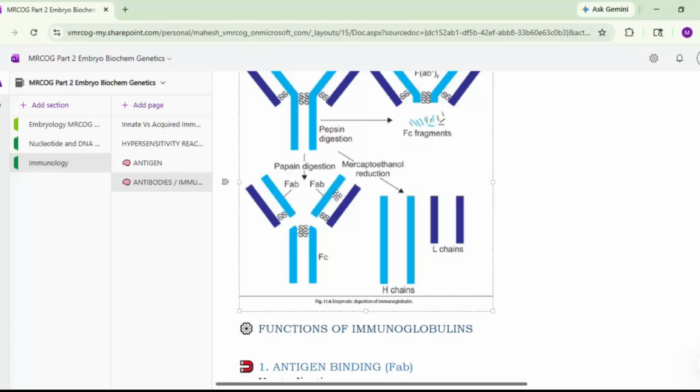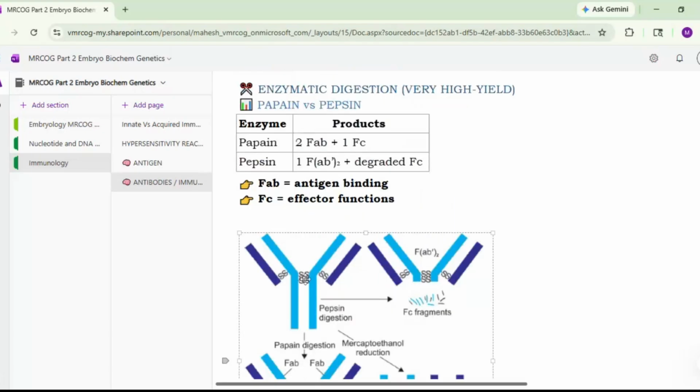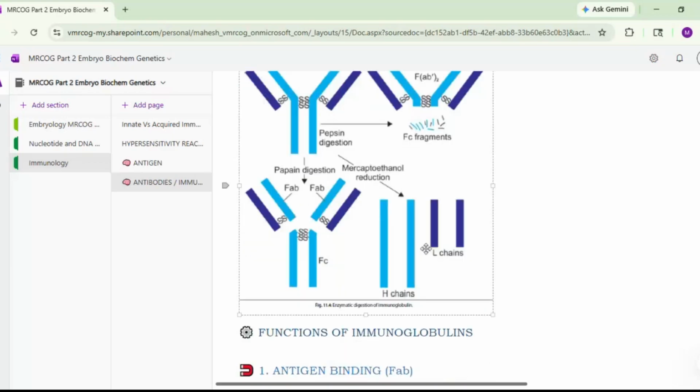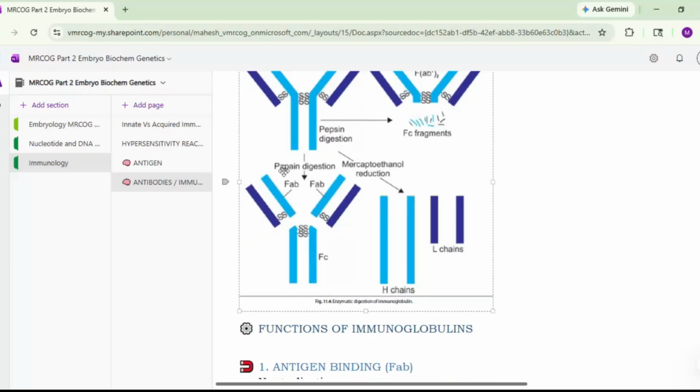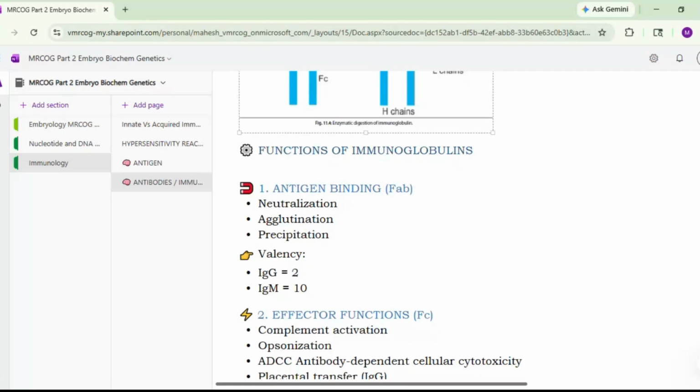In pepsin, there is Fc destruction and the arms remain together. In papain, arms go apart, but the Fc will be preserved. That is the pepsin and papain digestion.